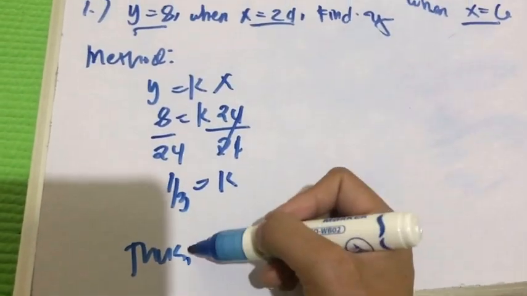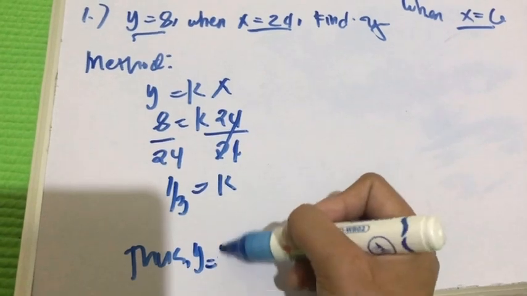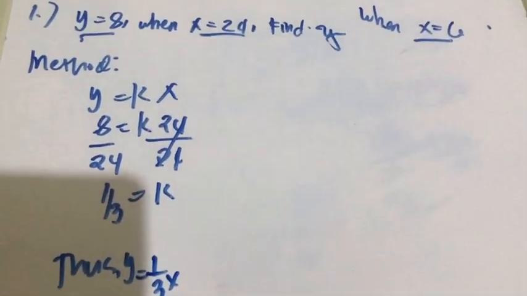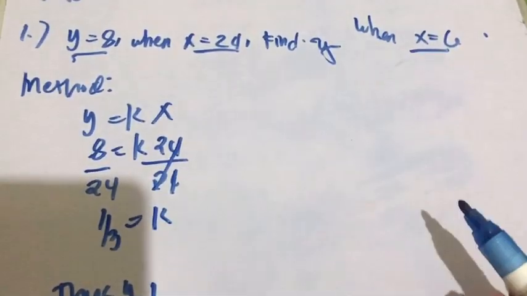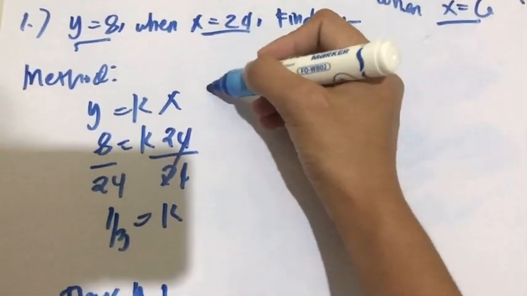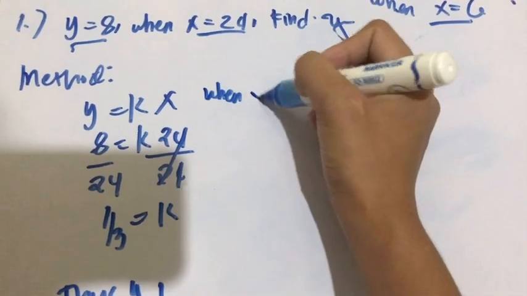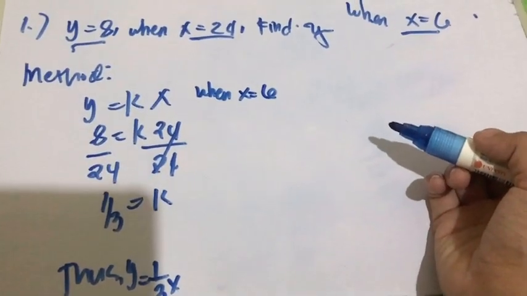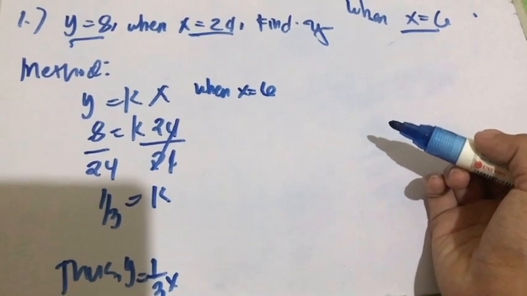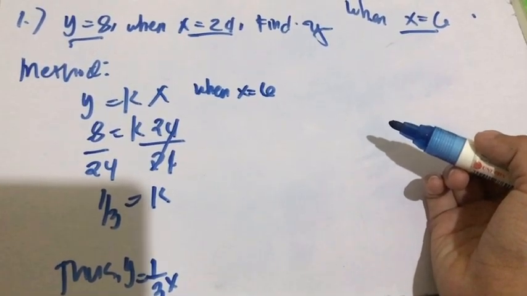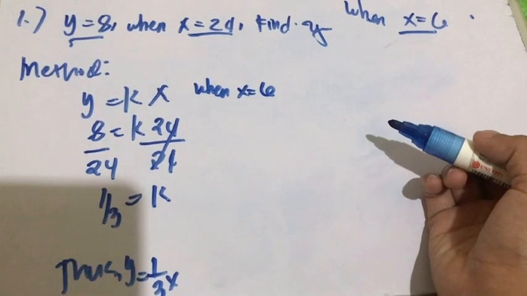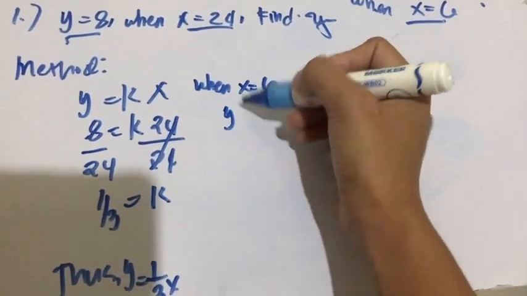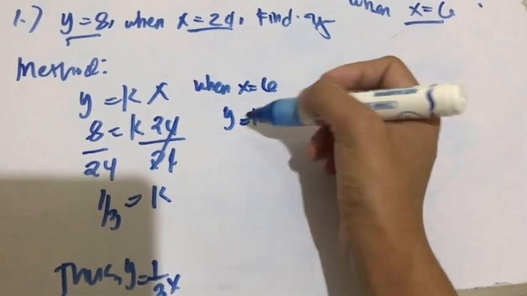Thus, y is just equal to 1/3 x. But what about when x is equal to 6? When x is equal to 6, we have y is equal to kx.